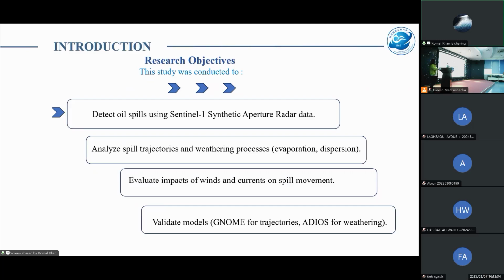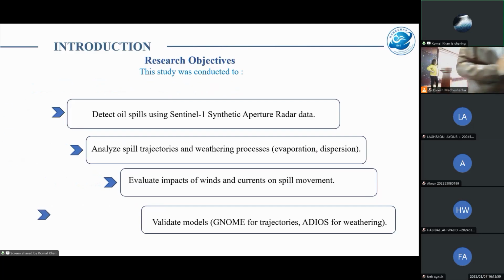Number two, to analyze the trajectory and weathering process of the oil spill. Number three, to check the impacts of wind and currents on the movement or fate of the oil spill. And number four, to validate the GNOME and ADIOS weathering models.